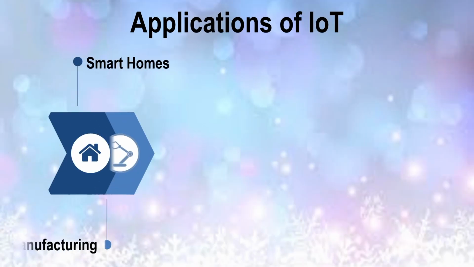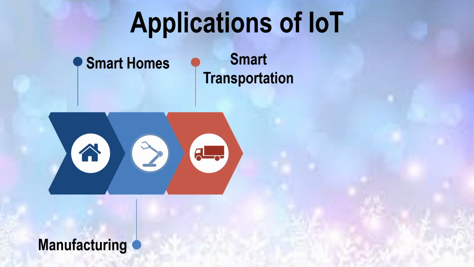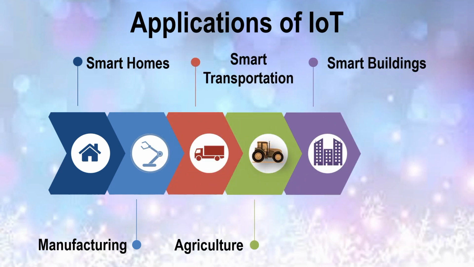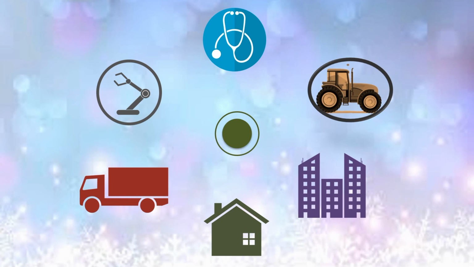IoT can be applied in smart homes, in manufacturing industries, in smart transportation, in agriculture, in smart buildings and also in healthcare. As I have said, from this diagram, you can just check that how the objects are connected to each other with the help of sensors.